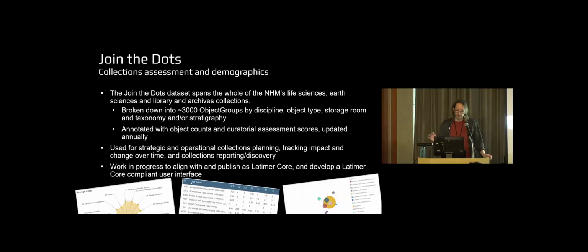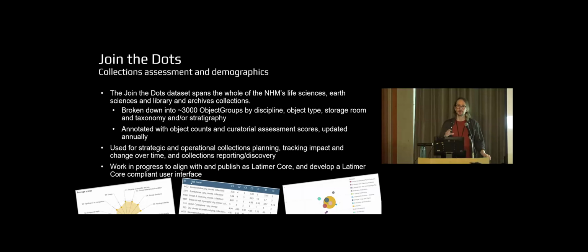Another large-scale institutional thing that we've been doing, this was based on a process the Smithsonian developed, I think, around 10 years ago, is a whole-level collections audit. So this covers all of our collections, including library and archives as well, and splits the collections into curatorial management groups.